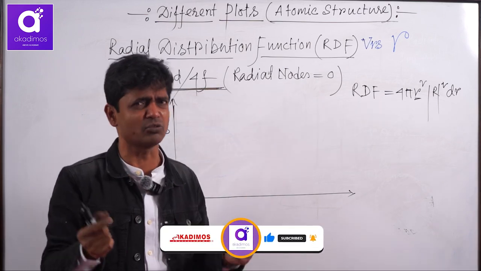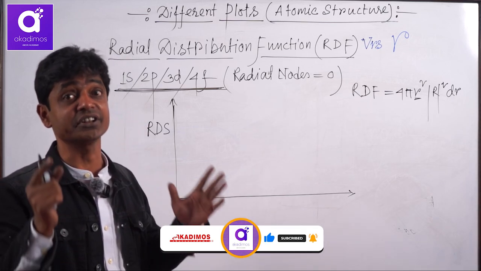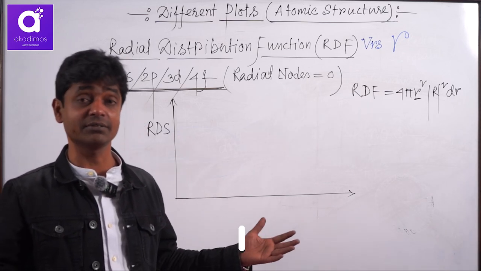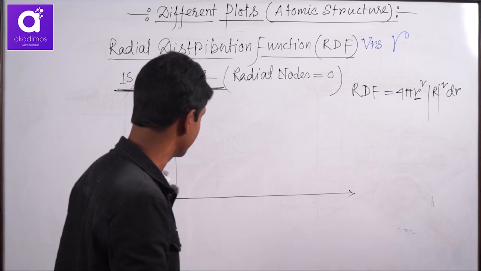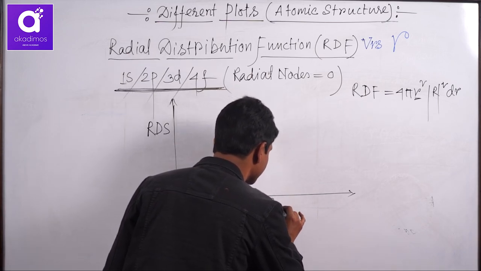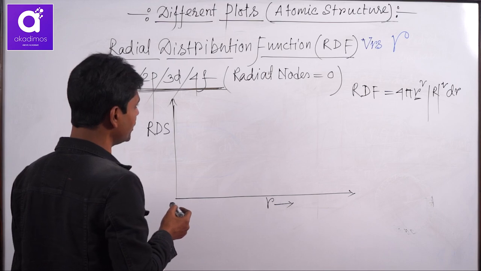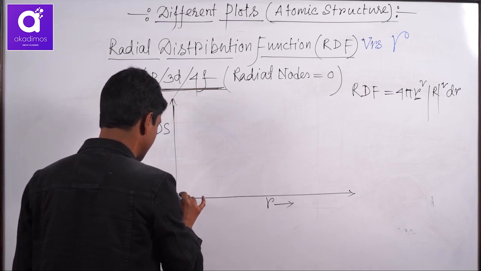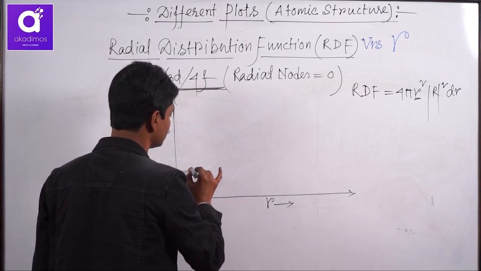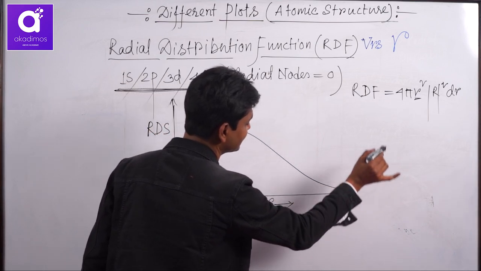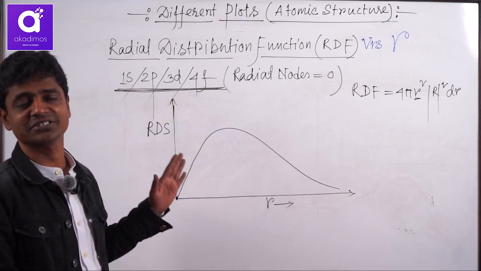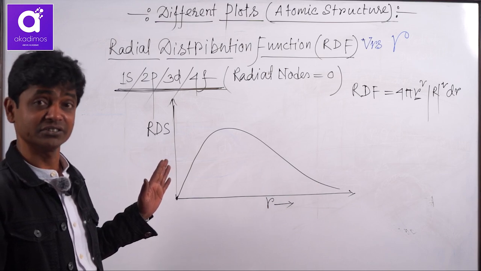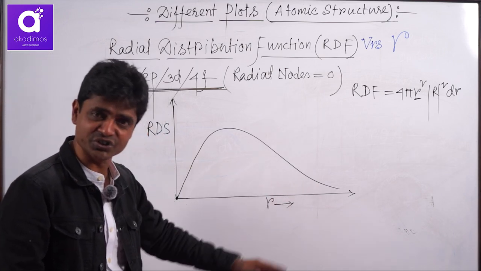I am not trying the quantitative, it is qualitative. That plot is important, our syllabus is majorly qualitative. This is radius. I told you, no node, so what nature of plot will you get? This is the nature of the plot. Done, since there are no nodes.